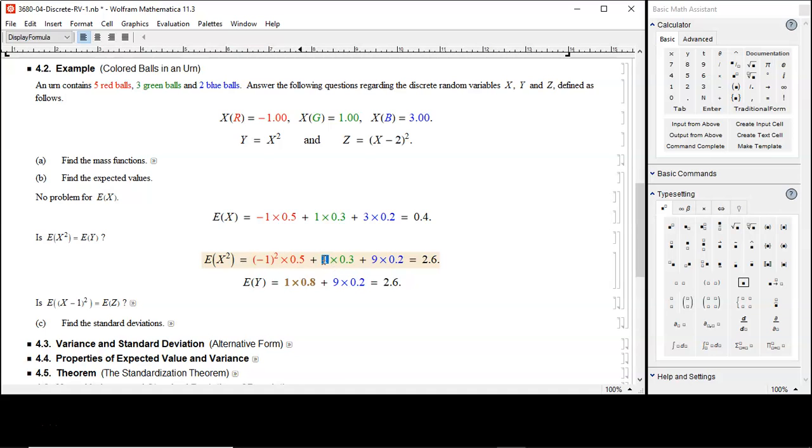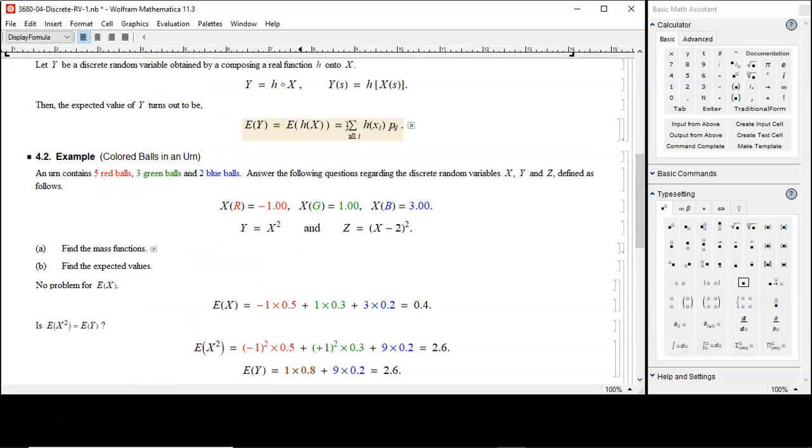And then this one, +1 squared, and that for green. So here, in the x part, we apply the square function. That's one way to do it. Like this.